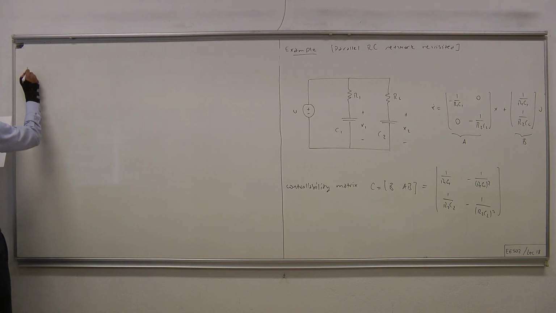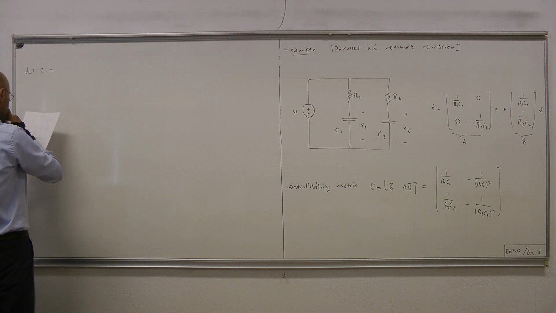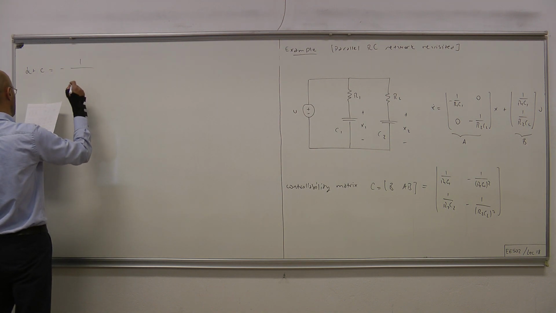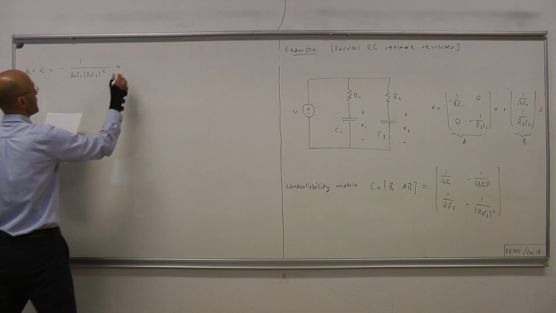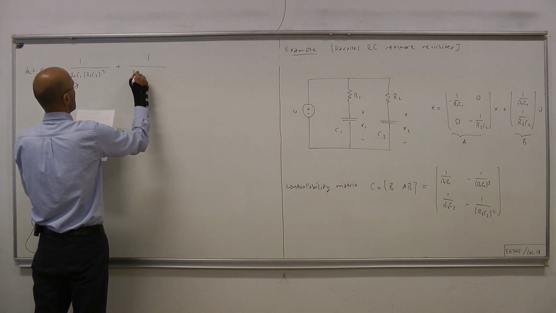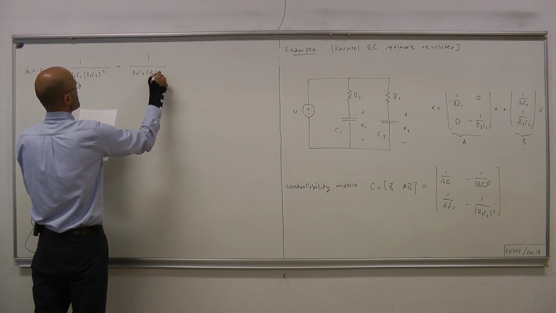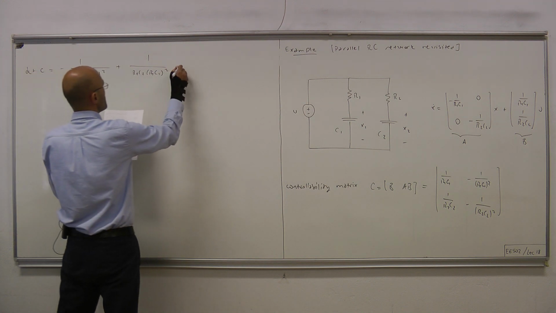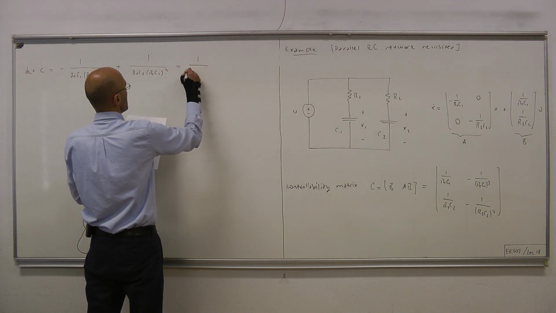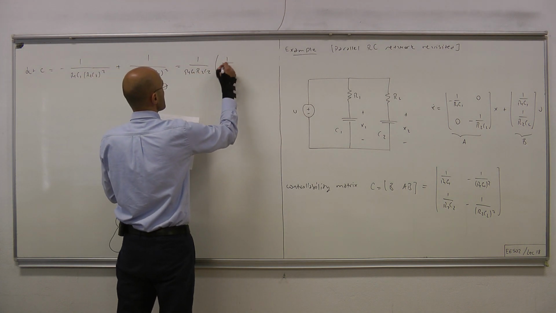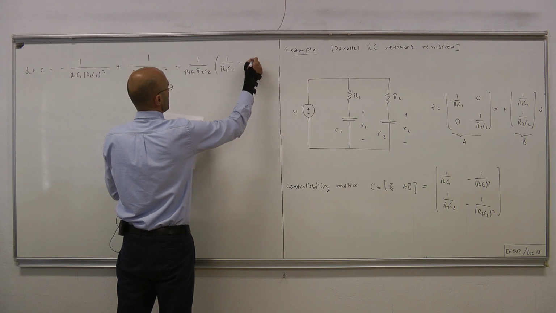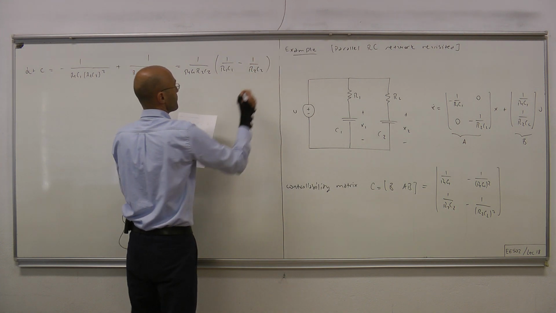So the determinant of the controllability matrix reads minus 1 over R1 C1 times R2 C2 squared plus 1 over R2 C2 times R1 C1 squared, which can be written as 1 over R1 C1 R2 C2 times this difference, R1 C1 minus R2 C2.